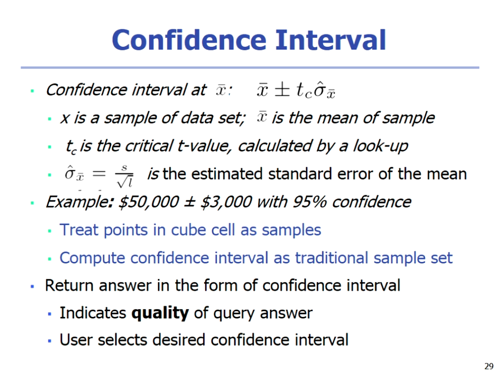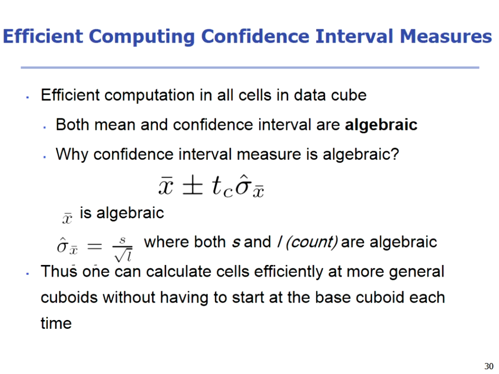So returning an answer in the form of a confidence interval indicates the quality of the query answer, and the user can select the desired confidence interval.